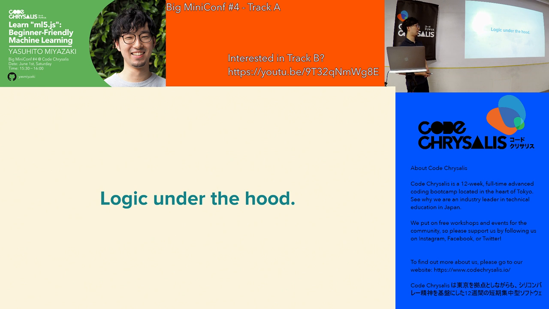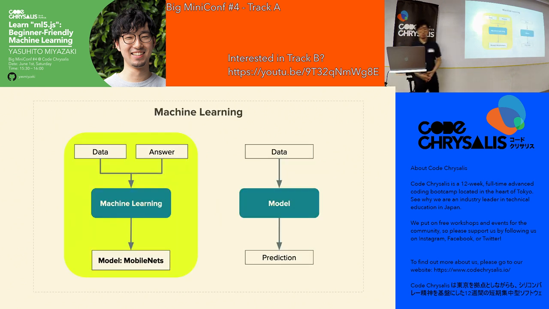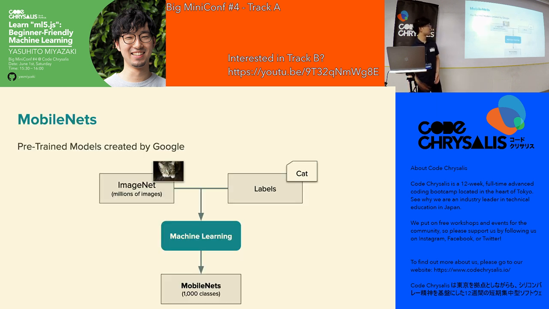But what's behind the logic? Now I'm going to talk about the model. In my example, I used a model called MobileNets. Let me explain what MobileNets is. It's a pre-trained model created by Google.